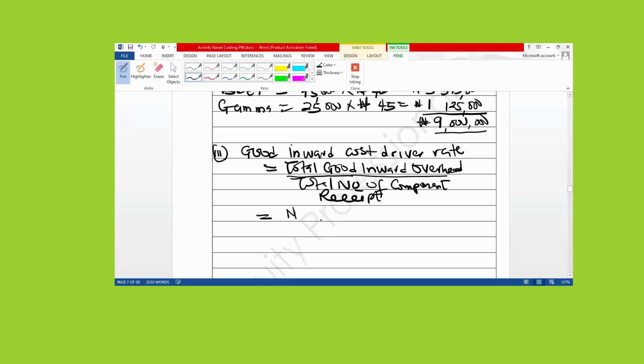That is 2.8 million divided by 160. What do we have, please?